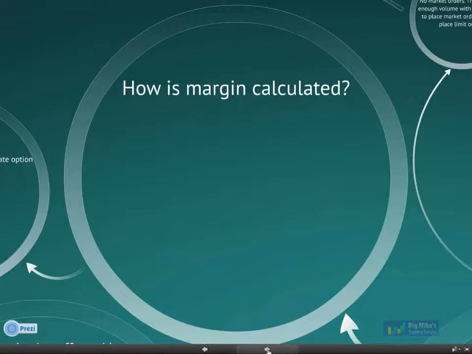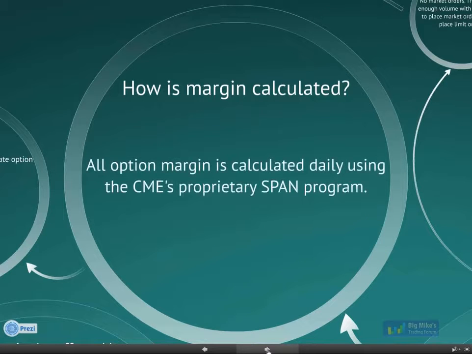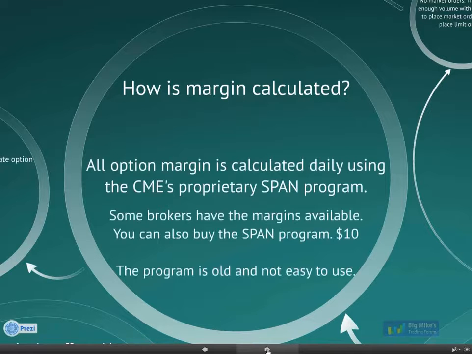How is margin calculated? Our option margin is calculated daily using CME's proprietary SPAN program. Some brokers have the margins available through their data platforms. You can also buy the SPAN program, which a few years ago was $500, and sometime this year they actually lowered the price to $10.